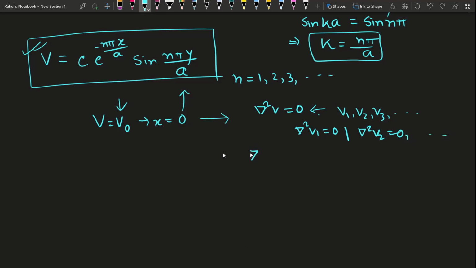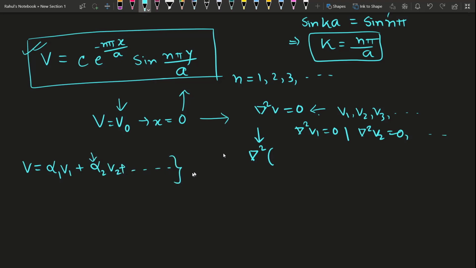Then by the linearity property of Laplace's equation, you can say that the linear combination of all the solutions will also satisfy it. Linear combination means some constant alpha 1 into the first solution v1, plus alpha 2, some other constant, into v2, plus dot dot dot.